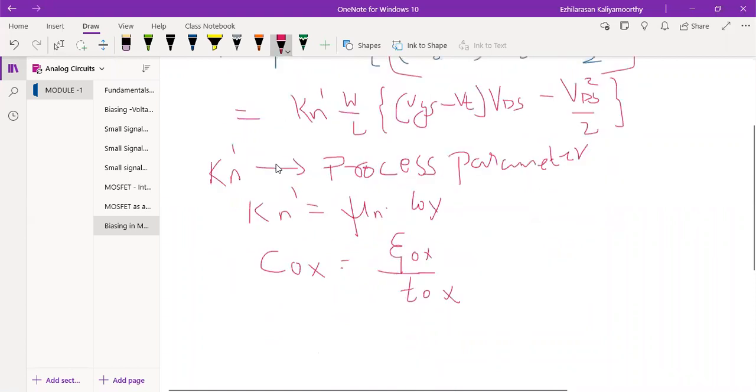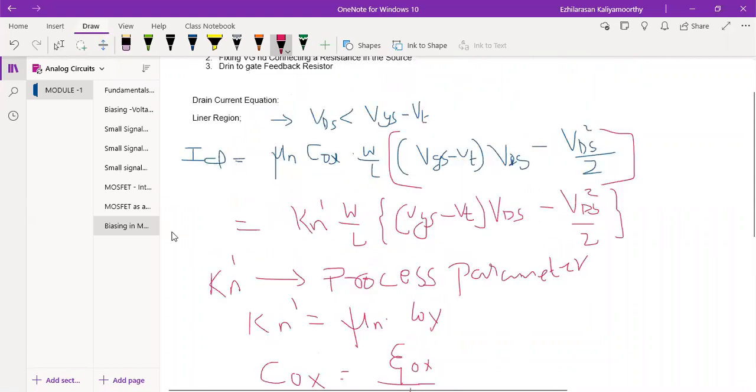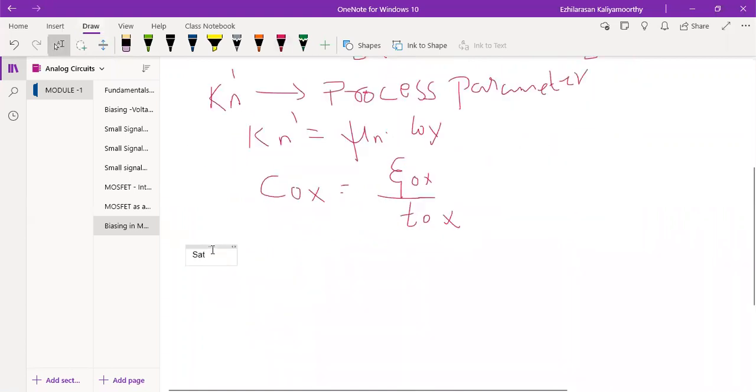Then the second is for the saturation region. What is the condition for the saturation region?